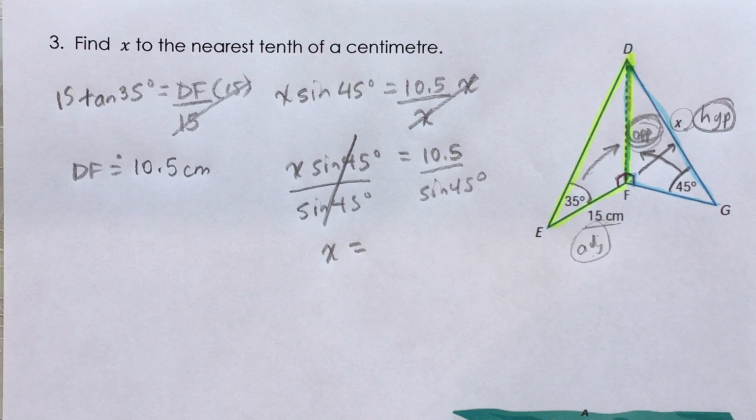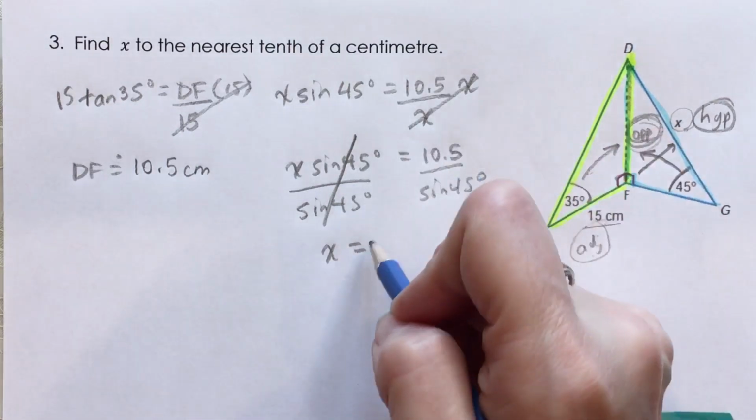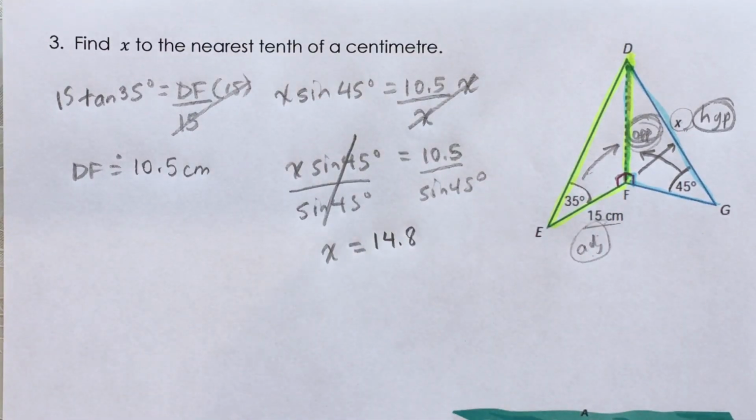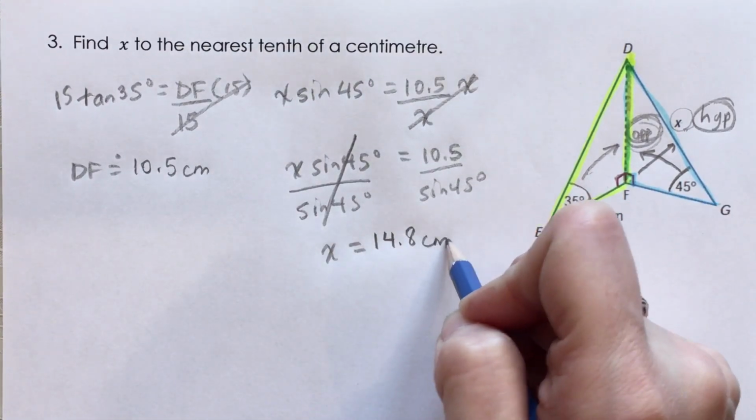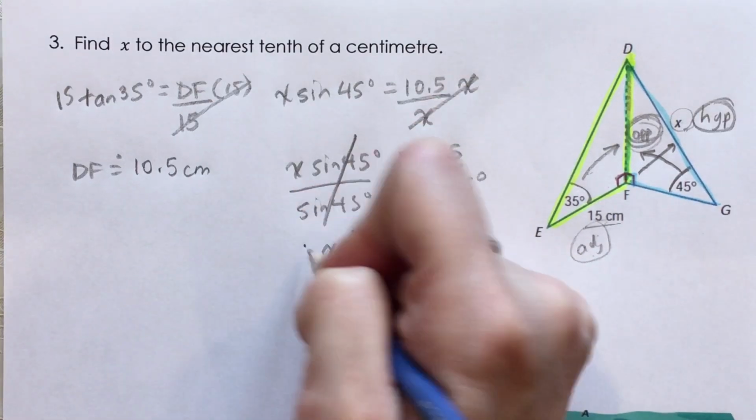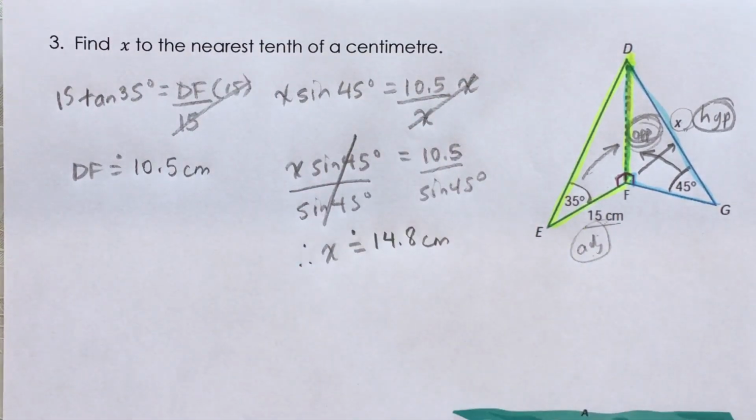And that's going to give us 14.8 centimeters, approximately. And then just make sure to the nearest 1/10 of a centimeter, put a little therefore sign in front of x. That's all they wanted us to find. So we're done that problem. Again, it involved finding a common side.